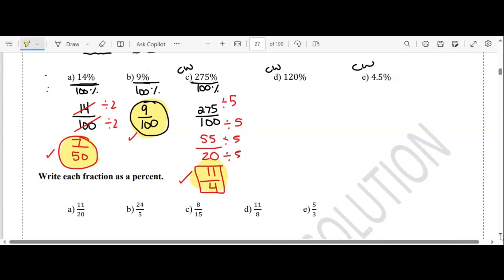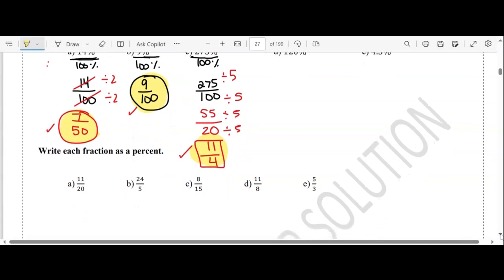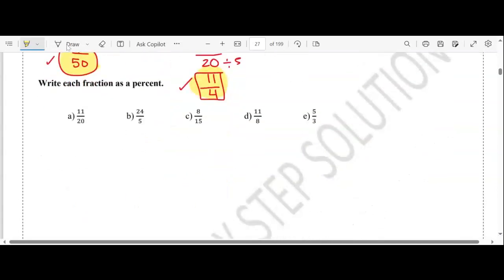Write each fraction as a percent. So we need to write this fraction as a percent. How can we do this?